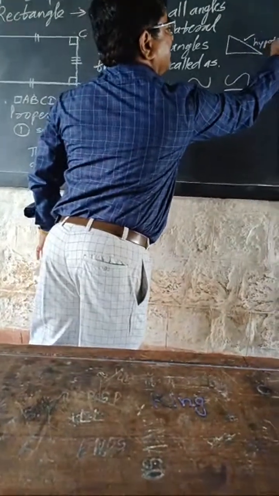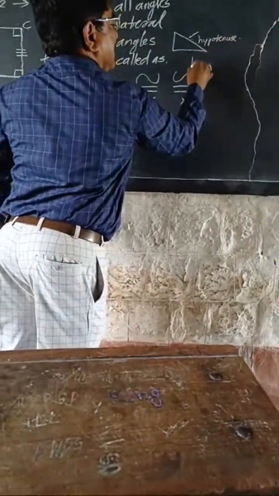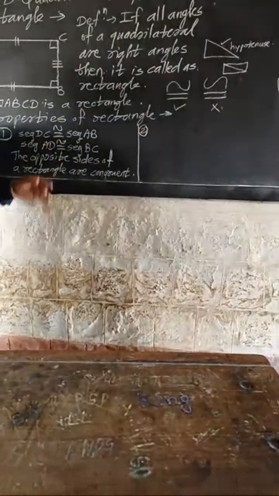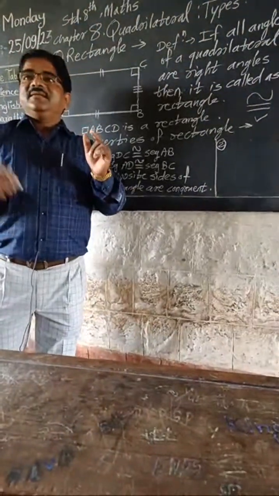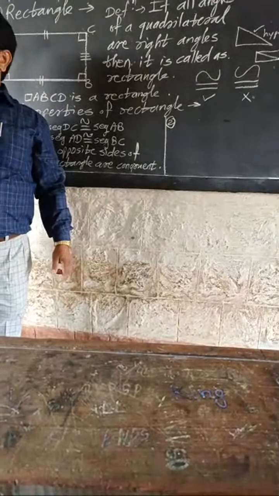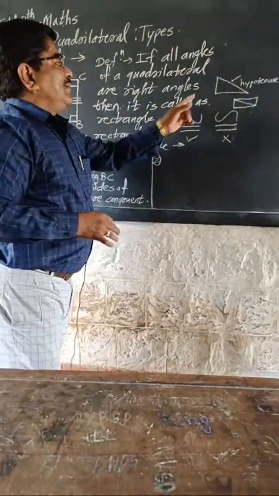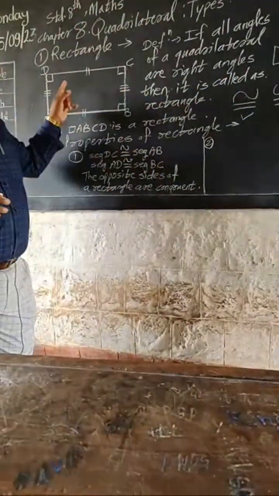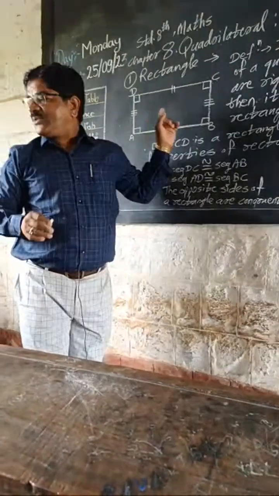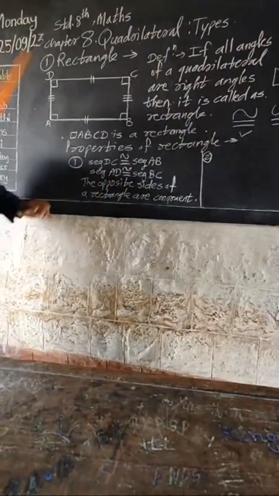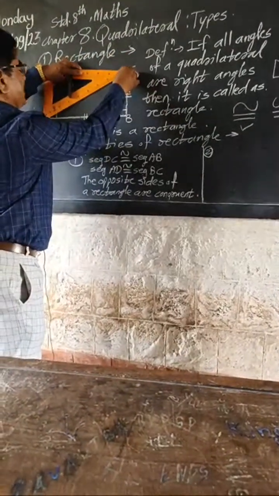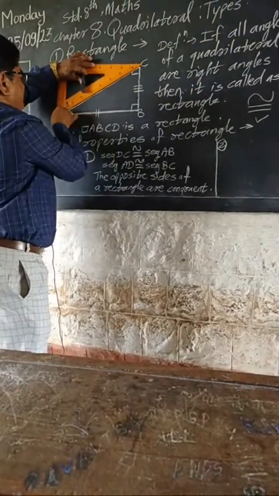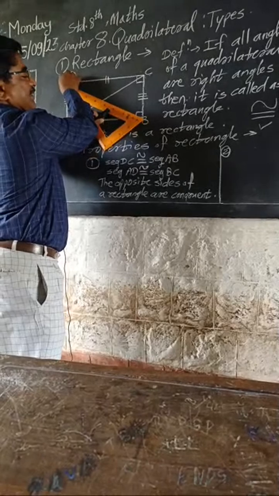And if a quadrilateral has right angles, then it is called a diagonal. Correct, good answer. For a right angle triangle, it is called hypotenuse, and for a quadrilateral, it is called a diagonal. First diagonal is AC, and second diagonal is DB.